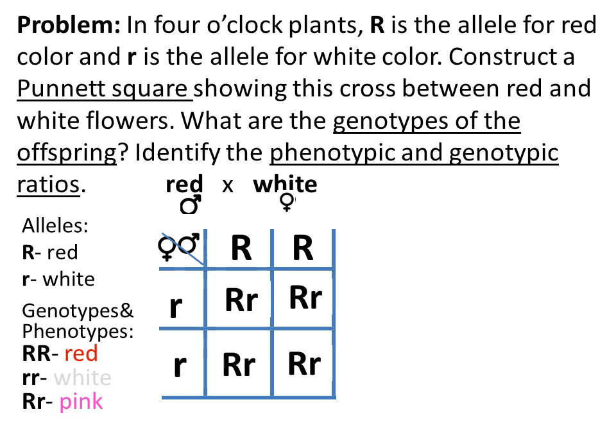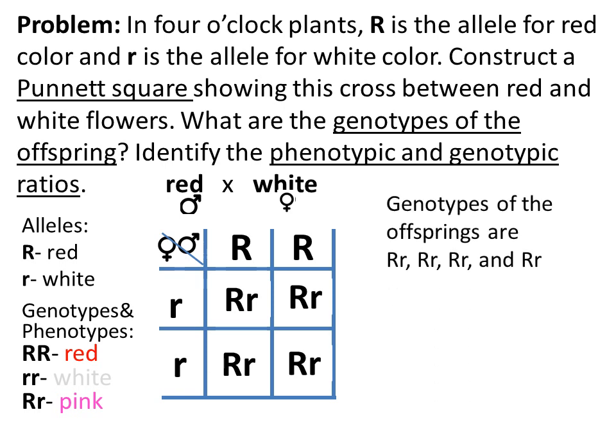Why is it that whenever there is a big allele or capital letter, sila yung nauunang sinusulat? Hindi pwedeng small r and then capital R. It's because of dominance. Lagi na yung capital letter ang naunang isulat bago yung small letter. Anyway, so what are now the genotypes? Big R, small r, big R, small r, big R, small r, and big R, small r.